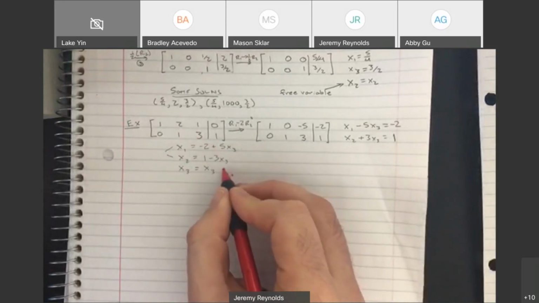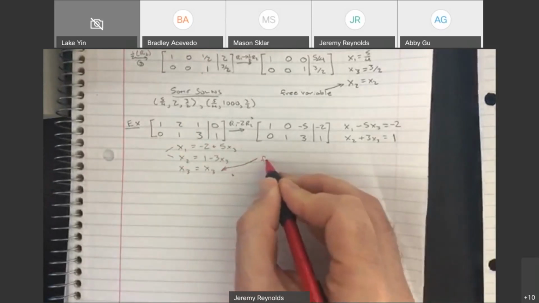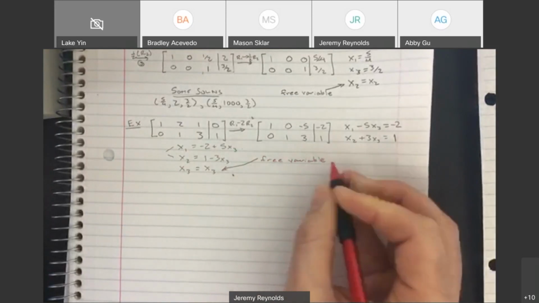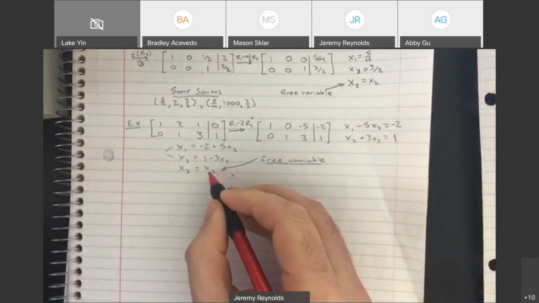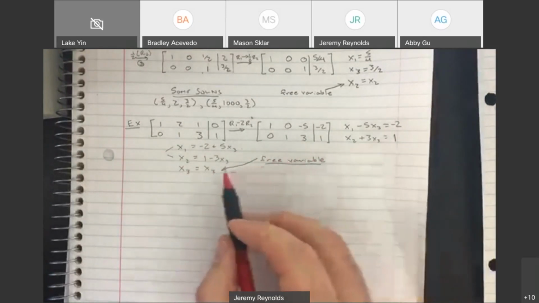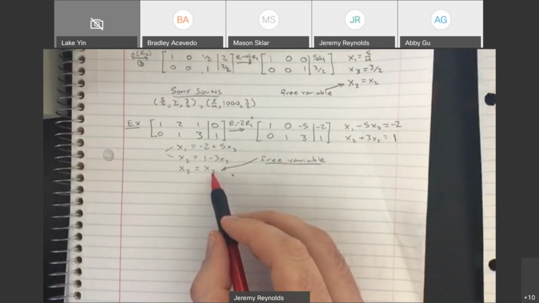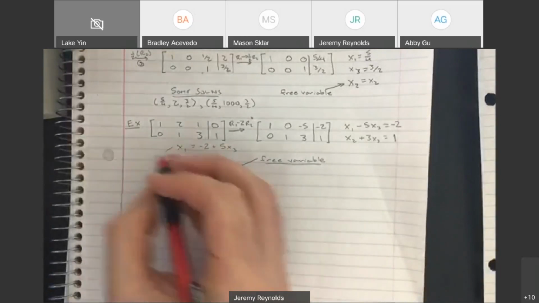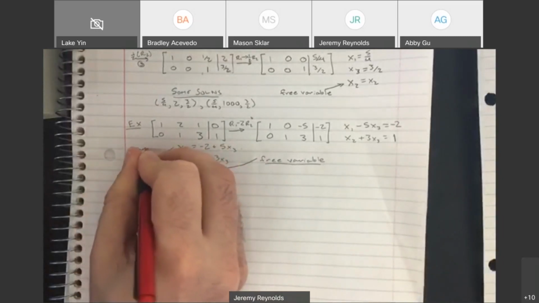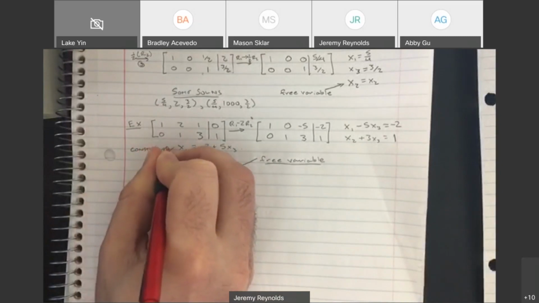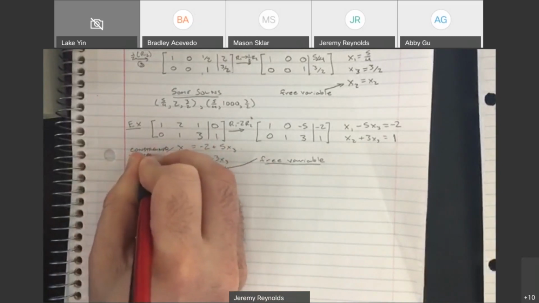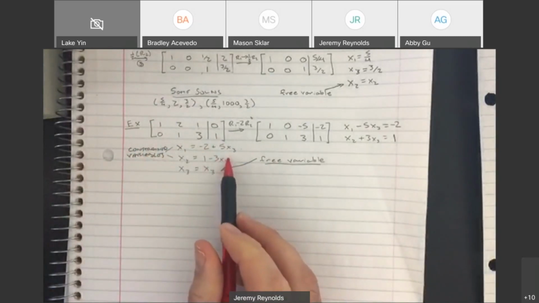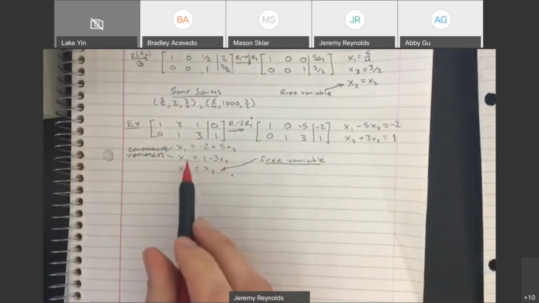So x3 is what's called a free variable. x3 does not depend on anybody else. We can choose whatever x3 value we want, and it's not impacted by anybody else. x1 and x2 depend on x3, so they're what's called constrained variables. So we can see that what we choose for x3 will affect what our x1 and x2 are.